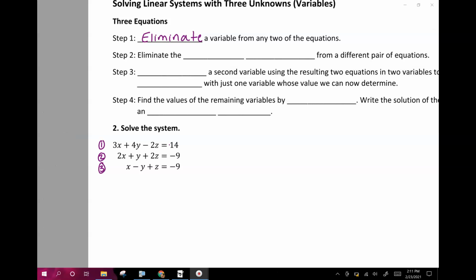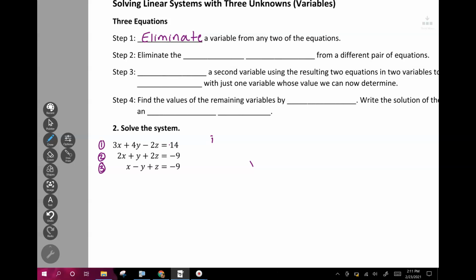So one option I have here is I could take equation 1 and 2 and do elimination with those. That is 3x plus 4y minus 2z equals 14, and 2x plus y plus 2z equals -9.